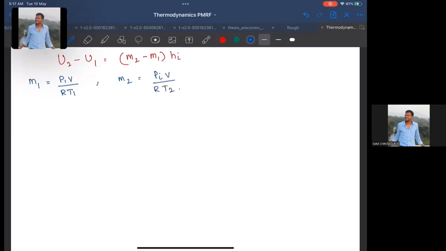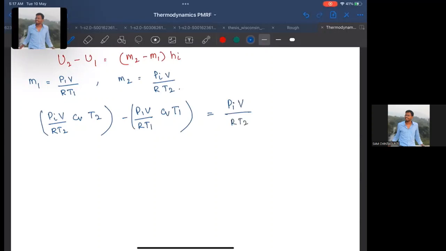So on substituting this, m2 Cv T2 is U2. m2 is equal to Pi V by R T2, times Cv T2, minus m1 Cv T1, that is P1 V by R T1 times Cv T1, is equal to m2 hi, that is Pi V by R T2, minus m1 hi, P1 V by R T1.